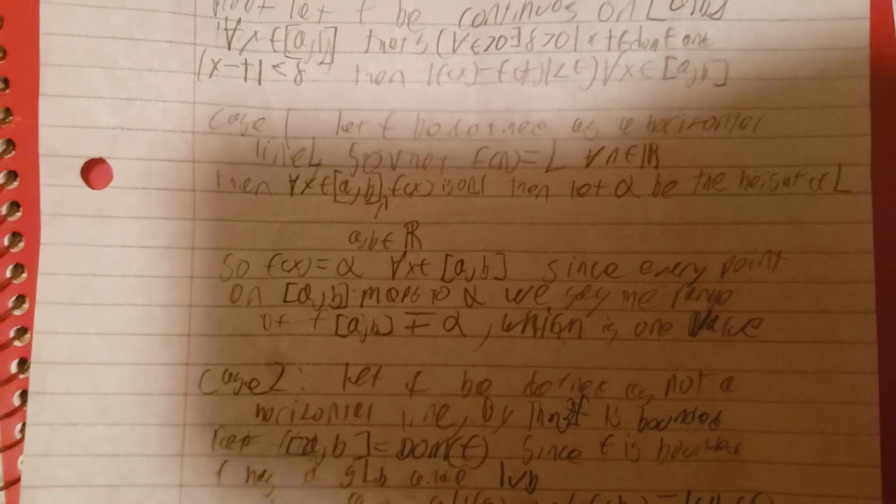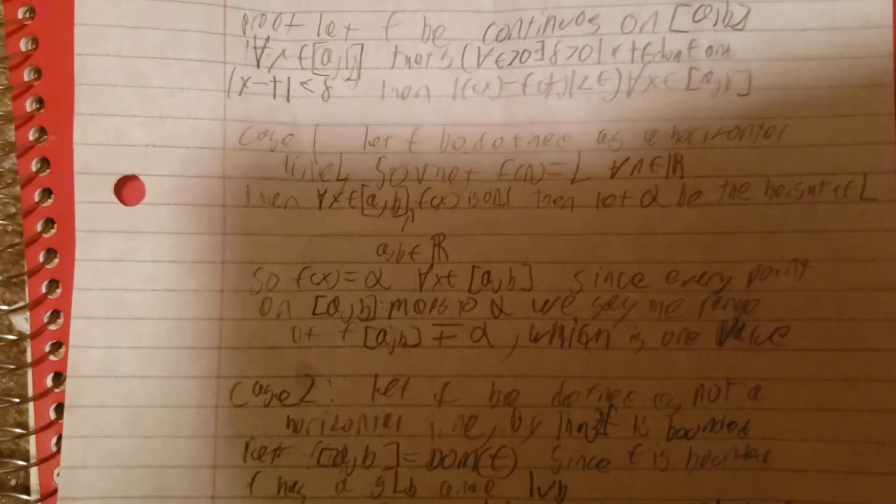Case 1. Let f be defined as a horizontal line L. So that means f of x equals L for all x, so for all x in a comma b, f of x is on L. Then let alpha be the horizontal line, so f of x equals alpha for all x in the domain a comma b.